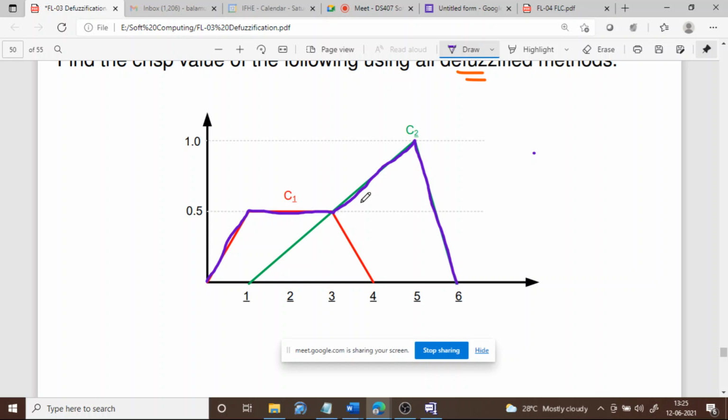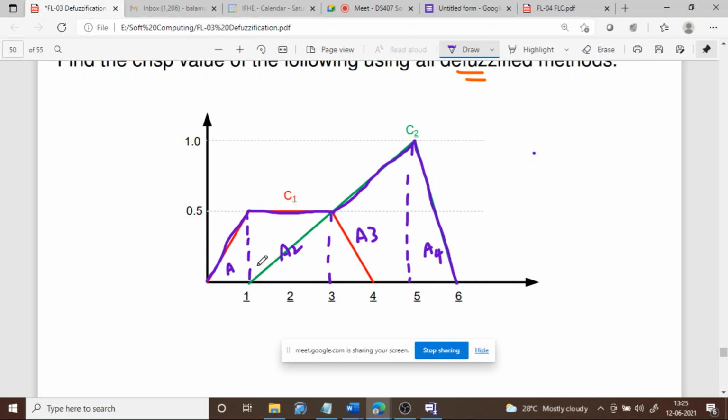Now you can divide this plot into several sub-areas. This is one area you can take, A1. This portion you can take A2. Don't consider this red line. This portion you can take A3. This is A4.